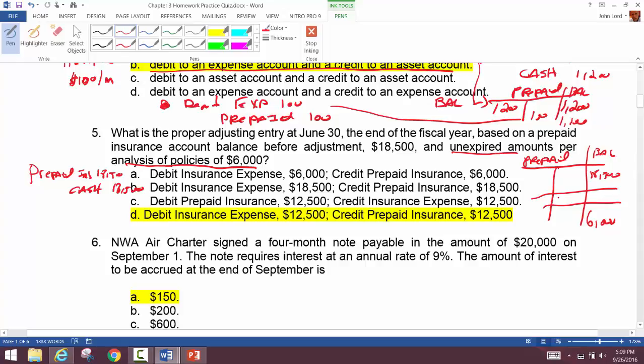You have to credit this 12,500, don't you? And when you credit 12,500, it has the right balance in it now, so you would debit insurance expense and credit the prepaid. You debit the insurance expense because 12,500 of this has expired, hasn't it? Expired expense. Right? Okay.